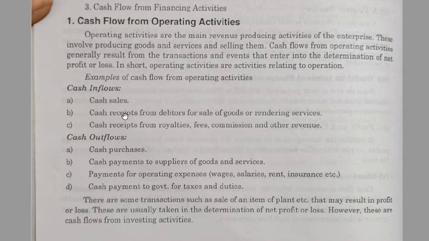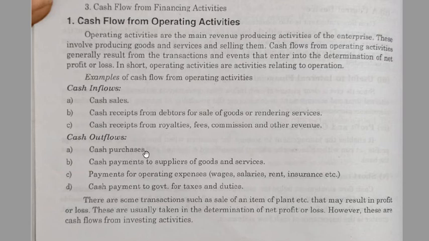The first one is cash sales. When you do a sale, you receive cash, so there's a cash inflow into the business. Cash received from debtors for sale of goods or rendering services. So you sell your goods on credit, then you receive it from your debtors at a later stage. So that is also an inflow of cash. Cash received from royalties, fees, commission, and other revenues.